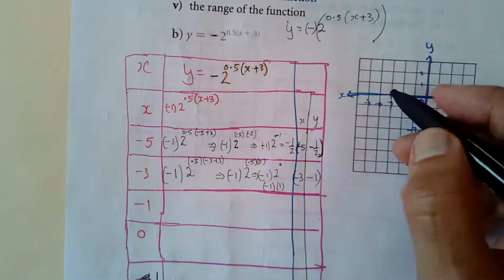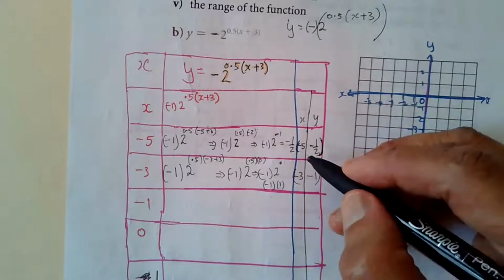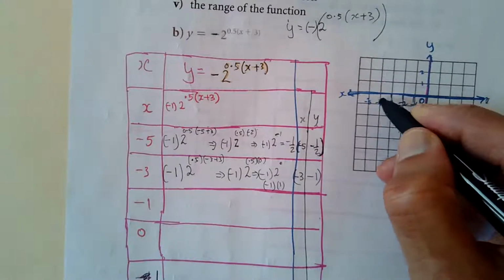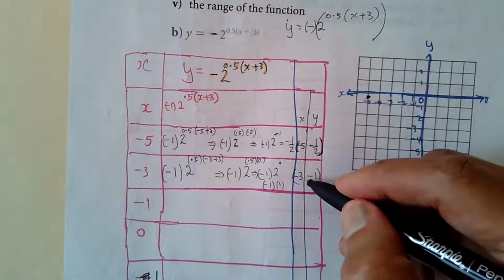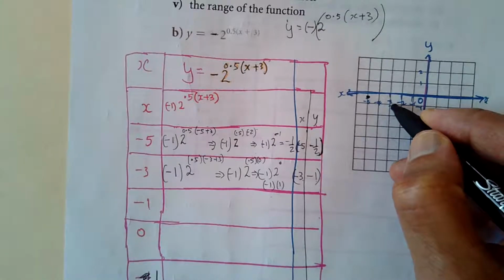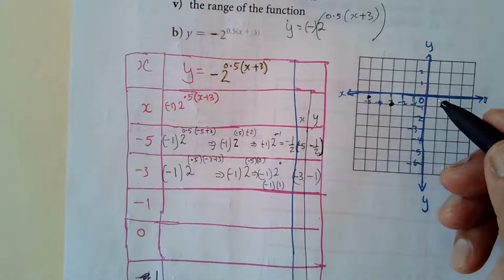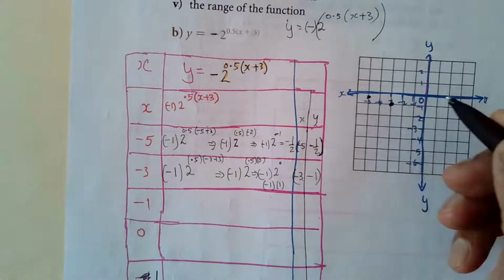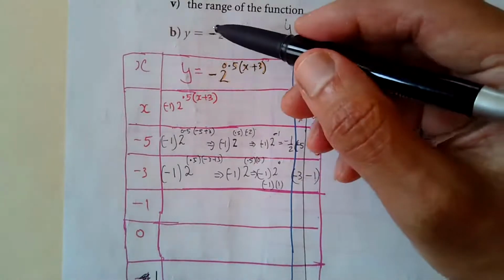So first, let's color the points. We have -5, -0.5, which is about there. We have -3, -1. It's right here. Notice this is a reflection.